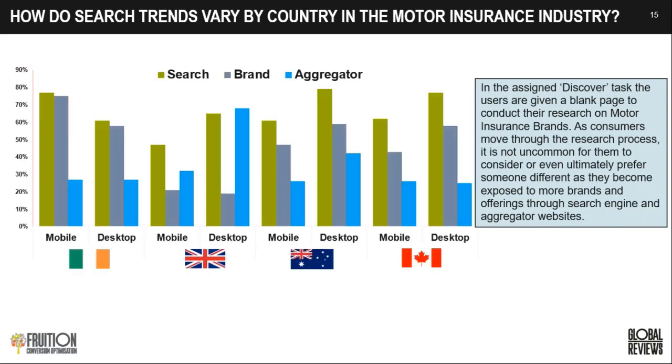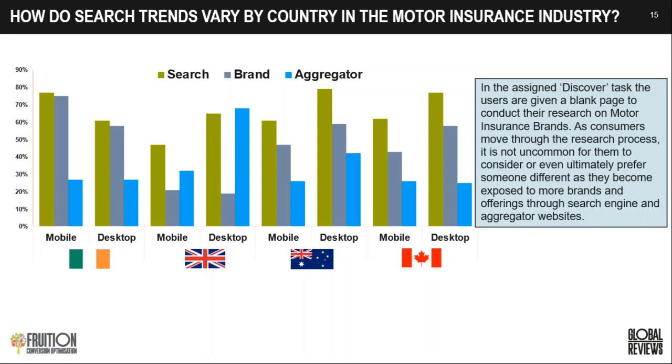What you're looking at on the graph on the screen right now are the search trends and the kinds of websites that users from these countries have gone to when looking for a motor insurance brand. As you can see across the screen, looking at the green bars, it's search that dominates their entire behavior. They all end up going to a search engine to start their journeys.